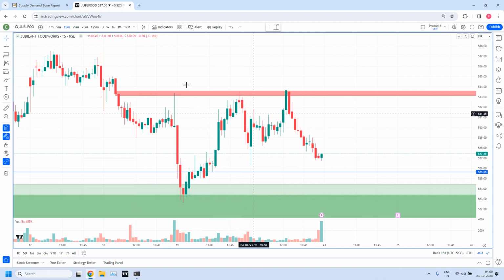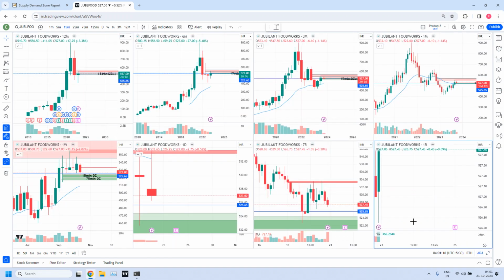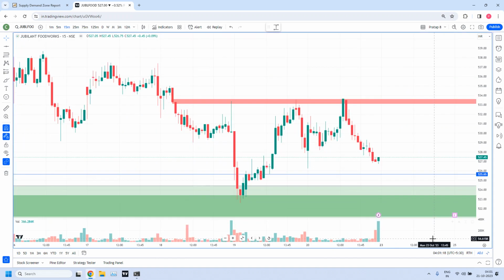Here I found a beautiful 5-minute supply zone which is holding the prices. Earlier it held, even yesterday, and even today it was only slightly pierced, because just above that we have a 15 minutes supply zone. This is the 15 minute supply zone. So that is the reason why, sorry, let me change the time frame to 5 minutes.